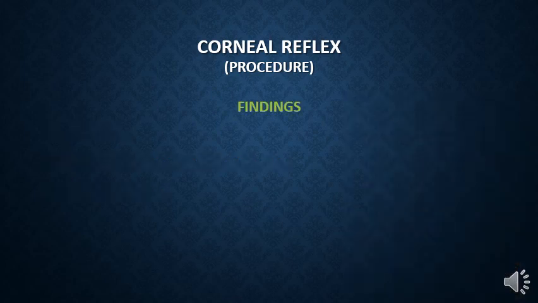At the end of examination, you will face the examiner and will present your findings like this. In this well-cooperative subject, I have elicited corneal reflex and I was able to note the direct and indirect responses for both eyes.